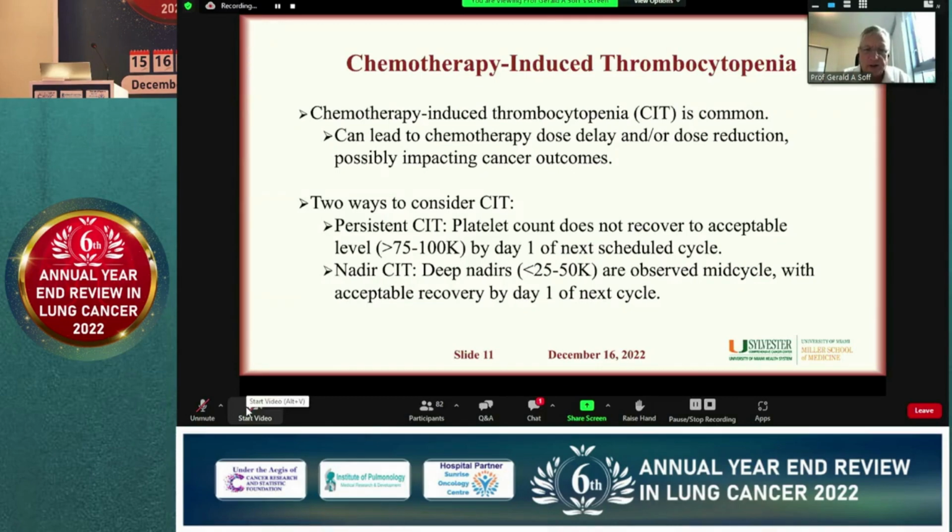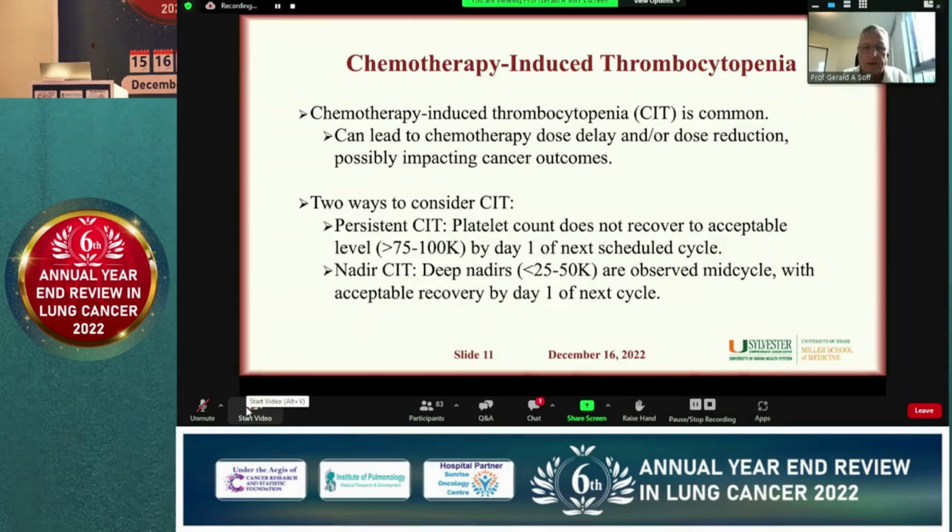Nadir CIT is different. Nadir CIT is simply saying that the nadir of platelet counts is lower than we want, it's lower than we anticipated, and puts the patient at risk of bleeding, and it means that we also may need to give the patient platelets. Platelet transfusions are helpful, but they're only for a very short period of time. They're a limited precious resource.